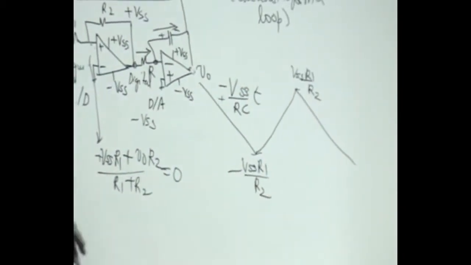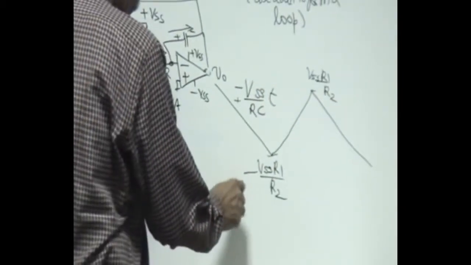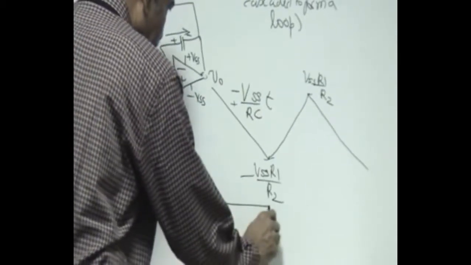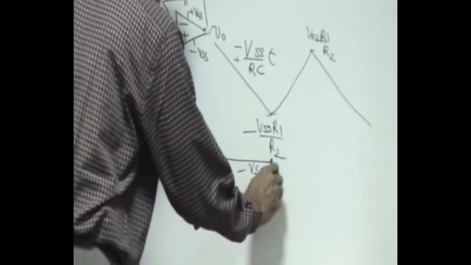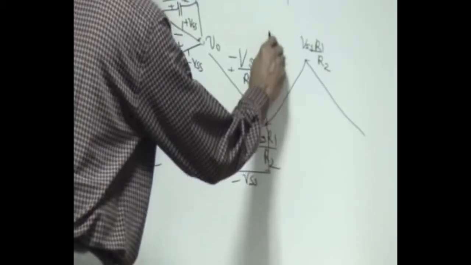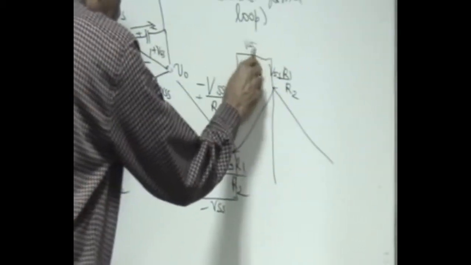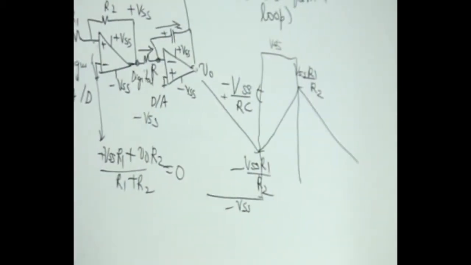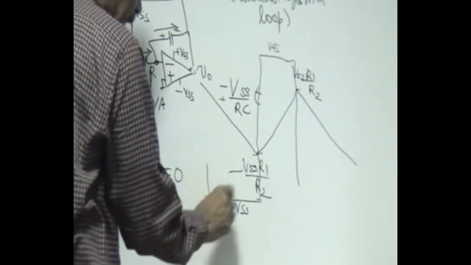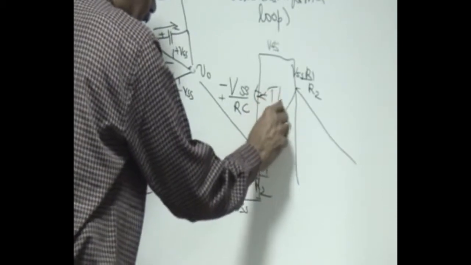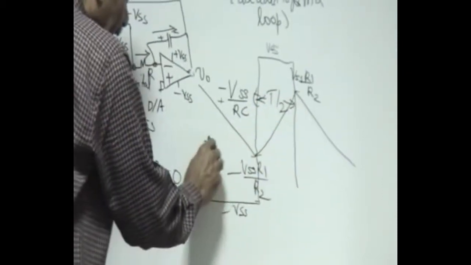This keeps on happening infinitely. So the output is at minus VSS for the Schmitt trigger, then goes to plus VSS and remains like that for some time. That particular time period is called T by 2, and this being T by 2.